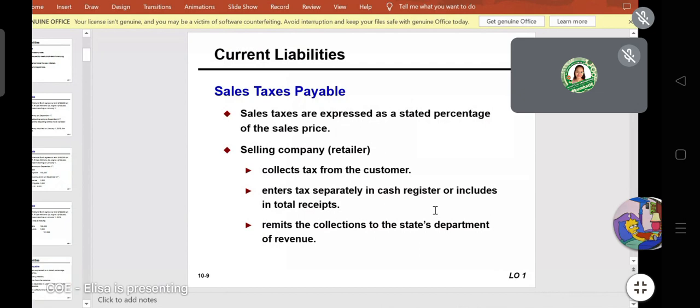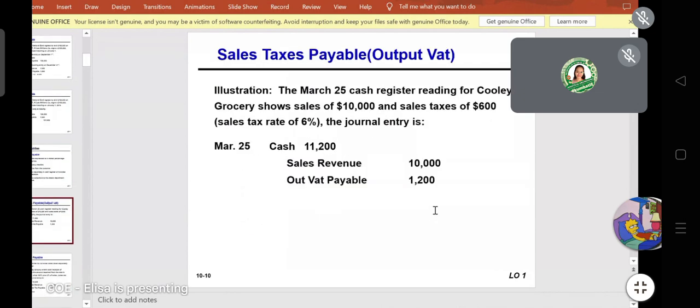Now, sales taxes payable, which for us is equivalent to output VAT. Every time we purchase, 12% of that is payment for VAT, meaning what we pay is 112%.